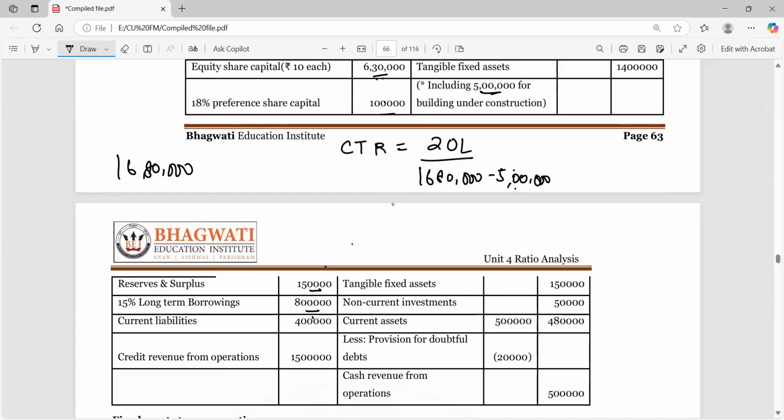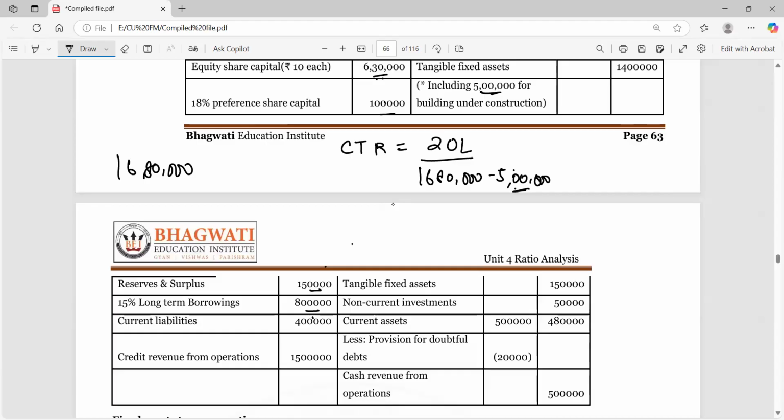Total asset minus current liability, I will also show you how to do using that method. But for just 2 minutes, just listen. Did you all understand why we are subtracting 5 lakh rupees? Don't disturb the flow. Is this point clear to everyone?